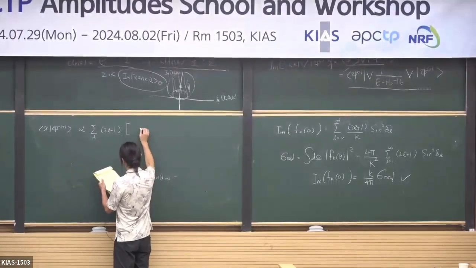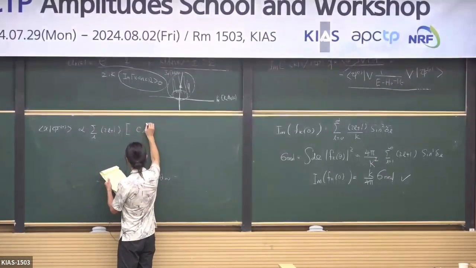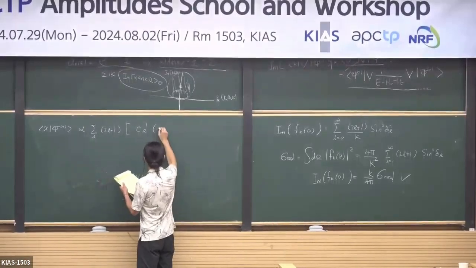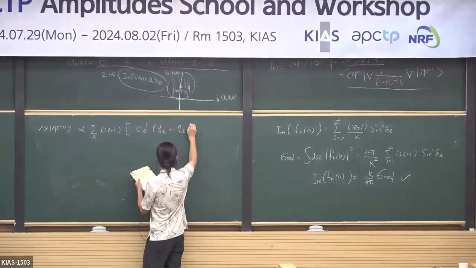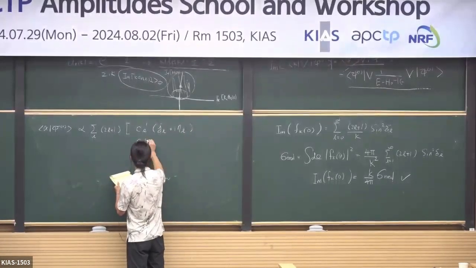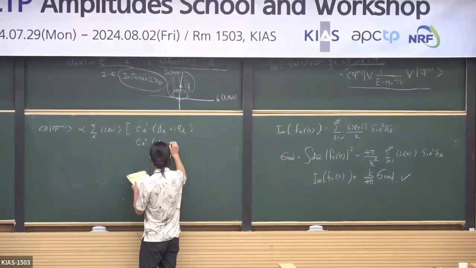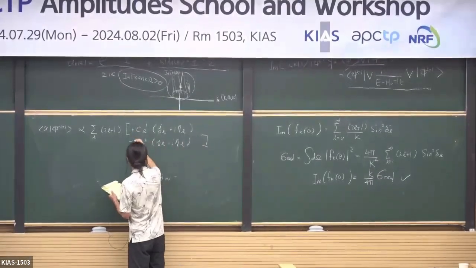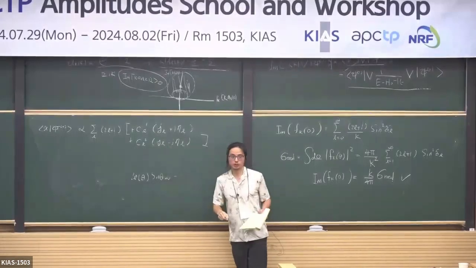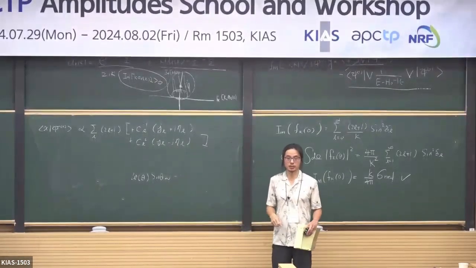We will be solving for two coefficients. Let me call them CL1, multiplying JL plus i eta L, and CL2, multiplying JL minus i eta L. So JL and eta L are the two Bessel functions.